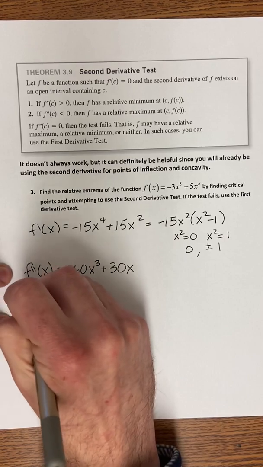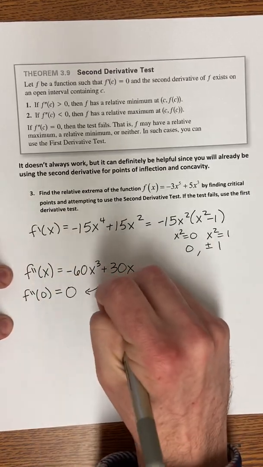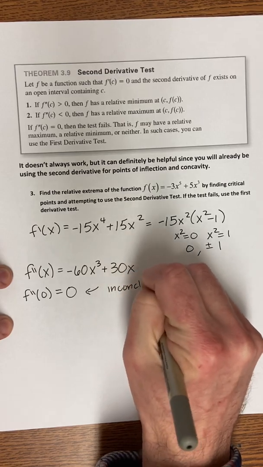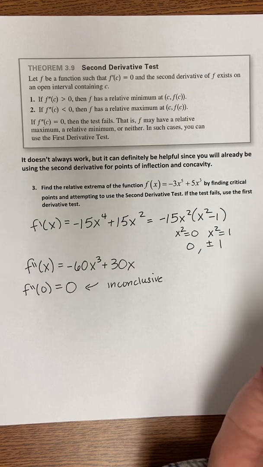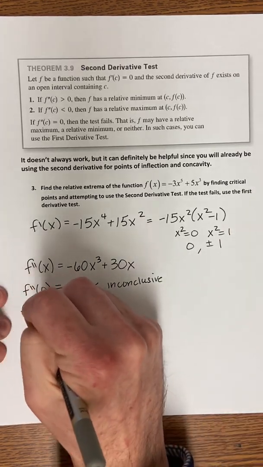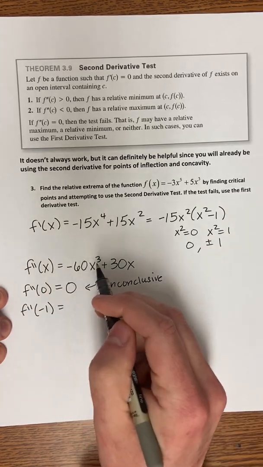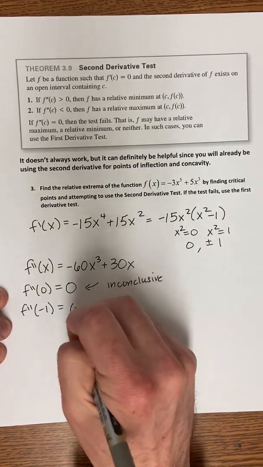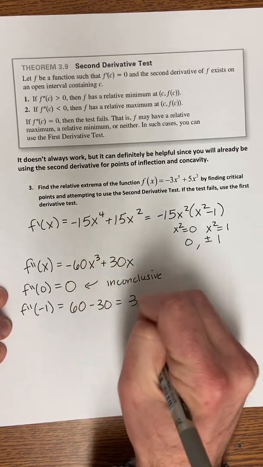What you notice when you plug in 0 is that you get 0, which means it's inconclusive, and we'll have to use the first derivative test if we want to find out if it was a maximum or a minimum. But the second derivative applied at negative 1: negative 60 times negative 1 cubed will be 60, and 30 times negative 1 will be negative 30, which gives positive.